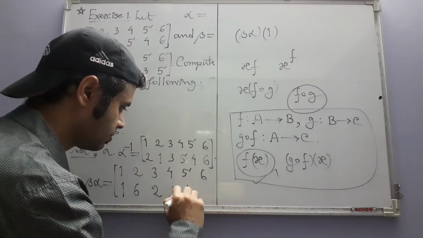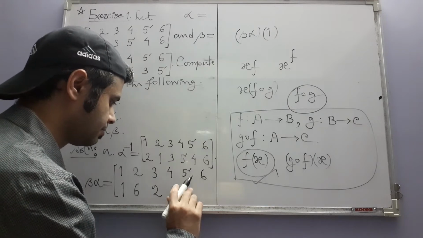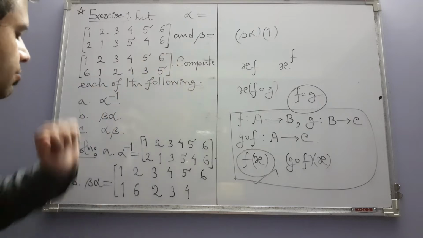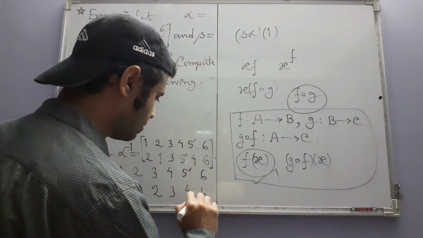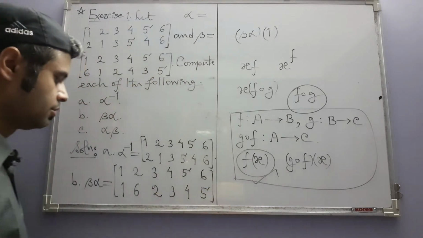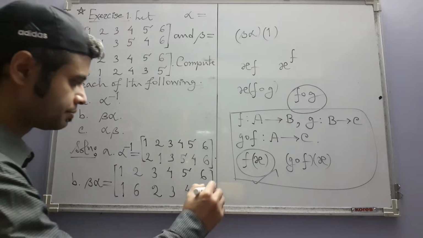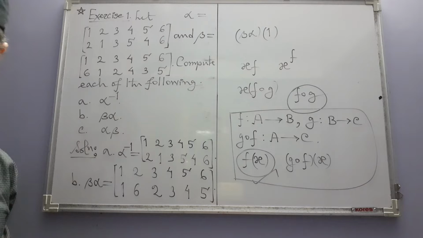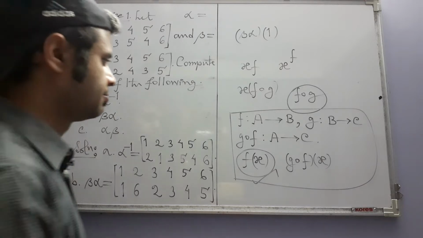So we have 4 here. And 6 is unchanged by alpha, and beta sends 6 to 5. So this is our beta alpha. Now that we understand how to calculate this, we can calculate alpha beta also.